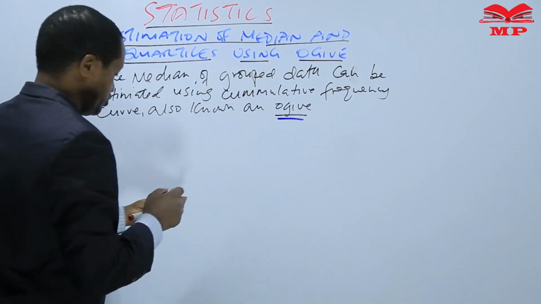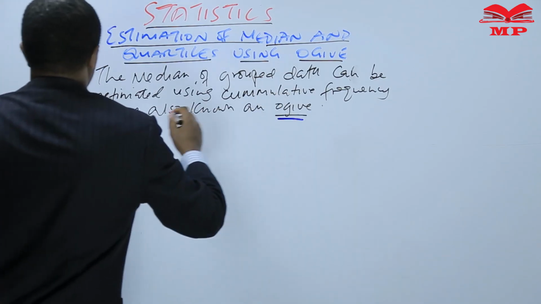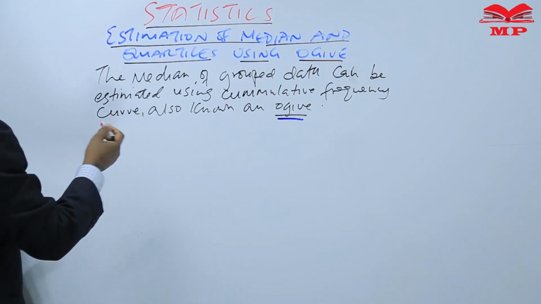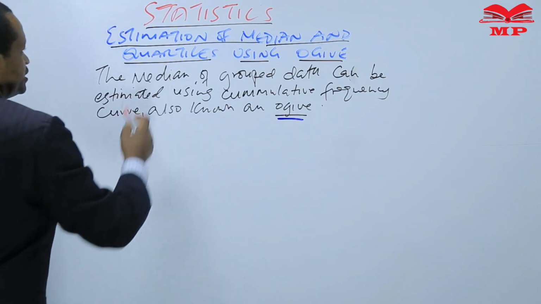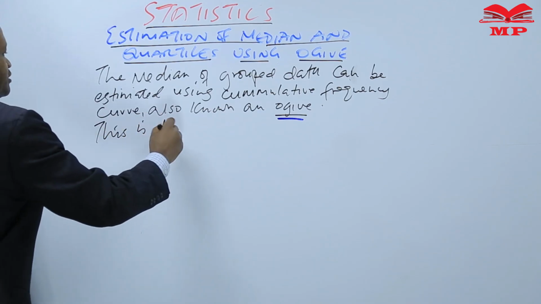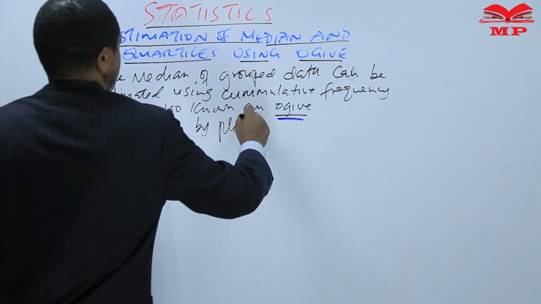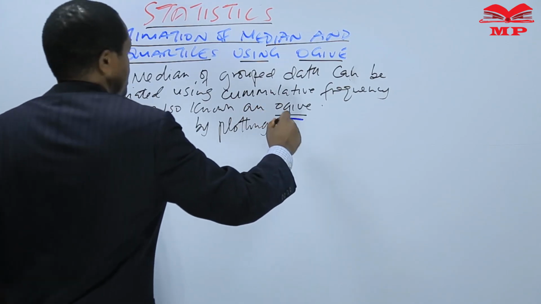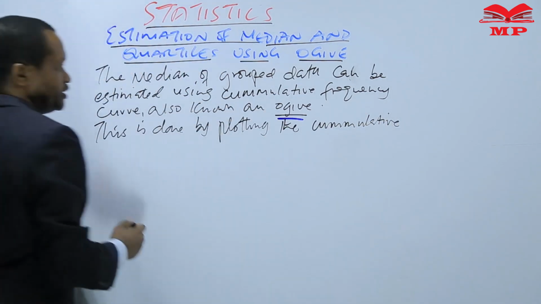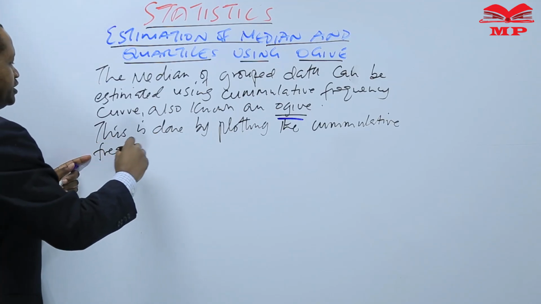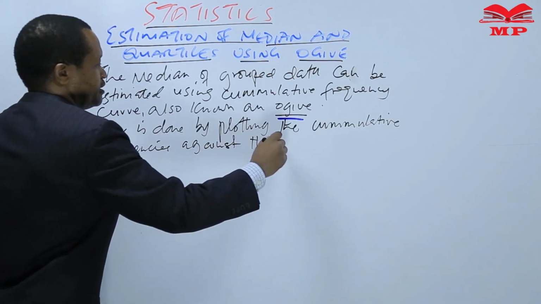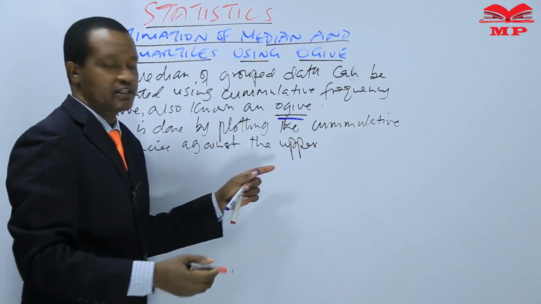An ogive is a cumulative frequency curve, and the median is determined by plotting the cumulative frequencies against the upper class boundaries.